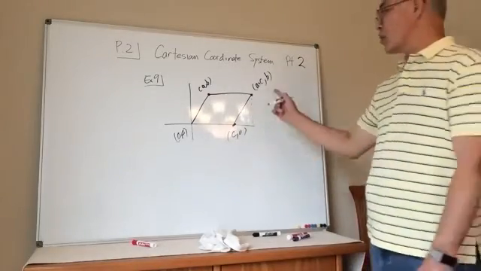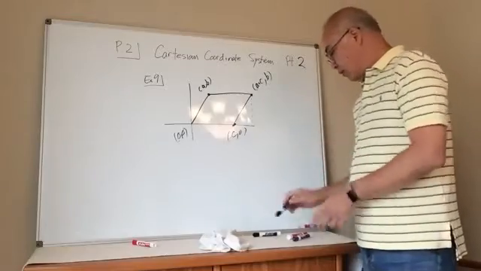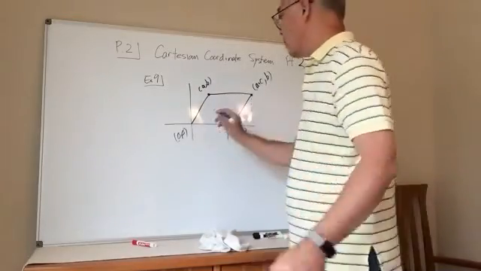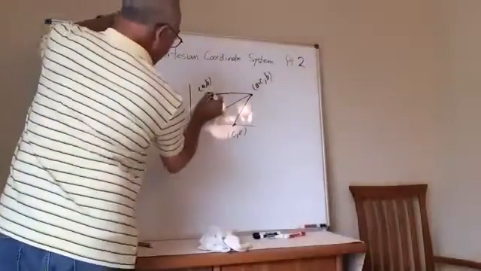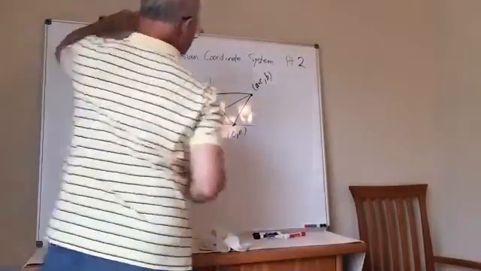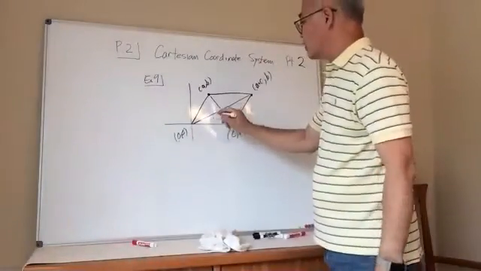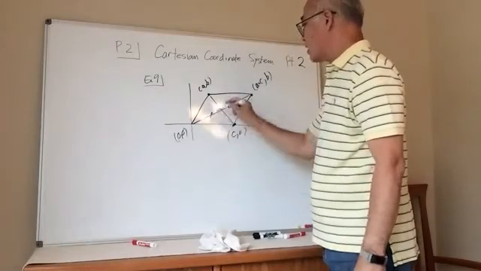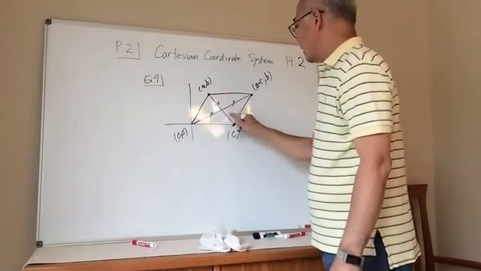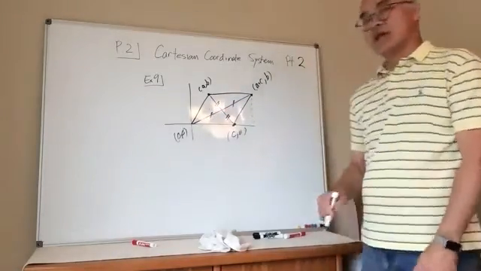That is the crux of this problem. If you understand that, you're good to go. So the midpoints here and here are going to bisect each other where this line and this line are the same. This distance and this distance are the same, okay?